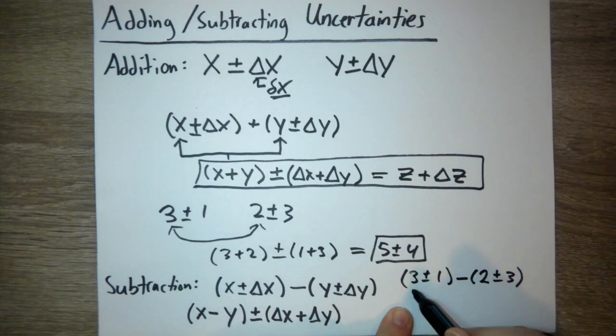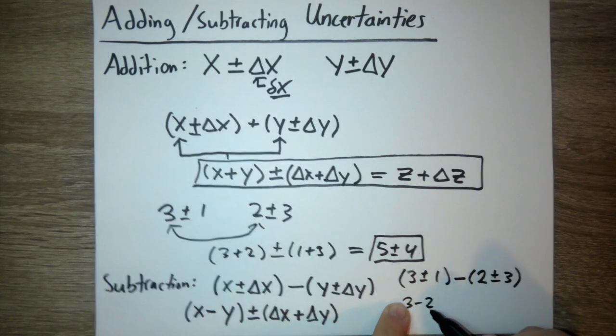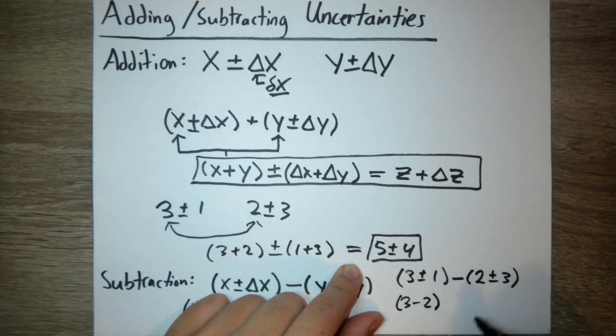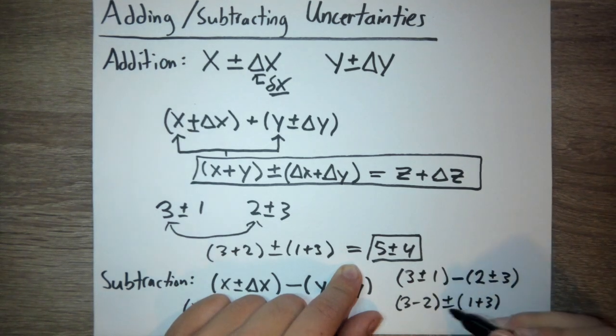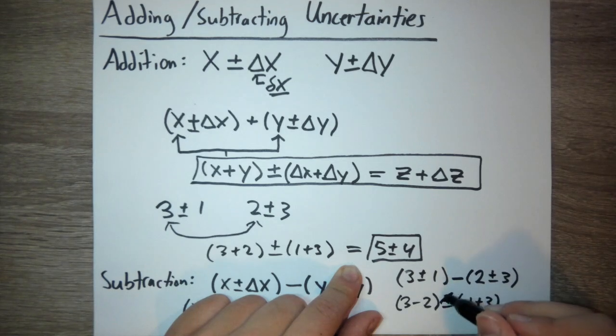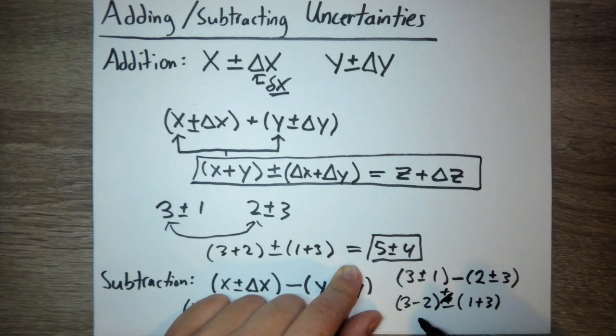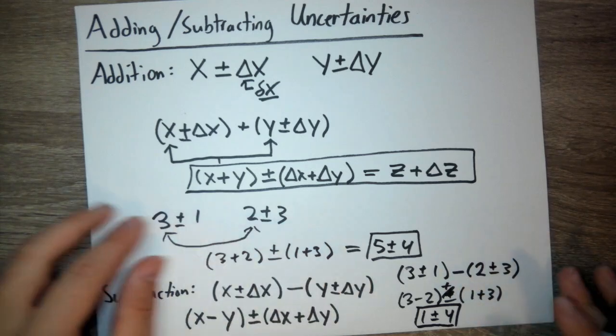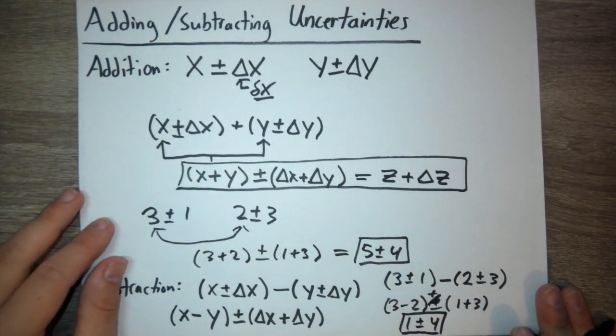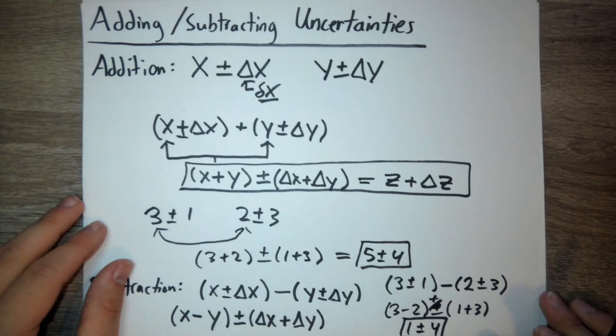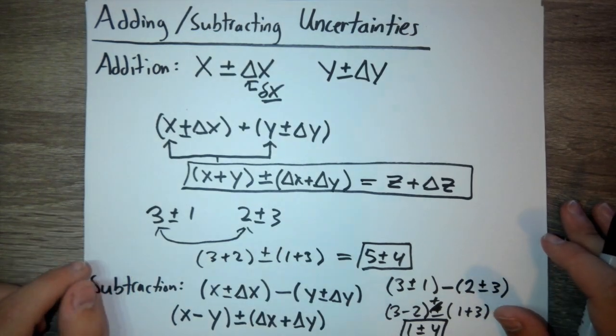So we take 3 minus 2 plus or minus 1 plus 3. Sorry, yeah, that's right, plus or minus. And you get 1 plus or minus 4. And so that's how you do addition and subtraction of uncertainties.